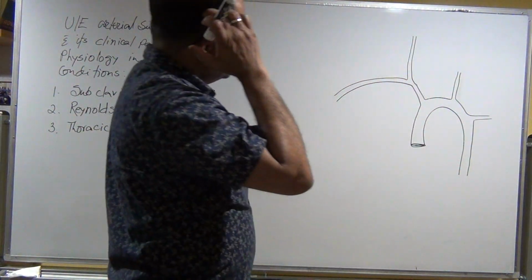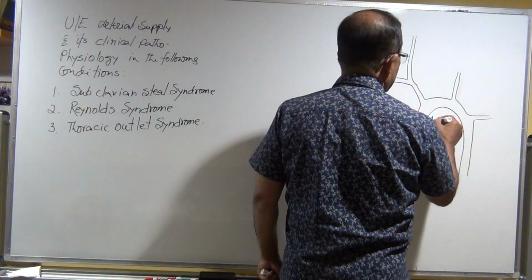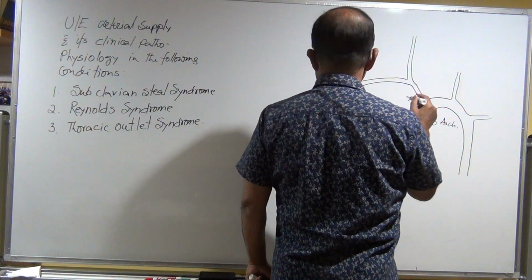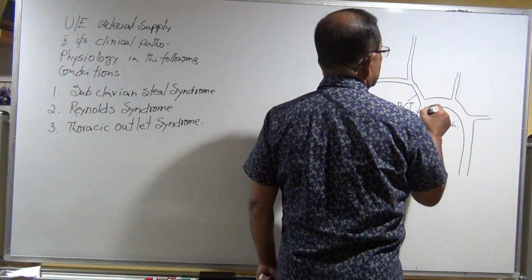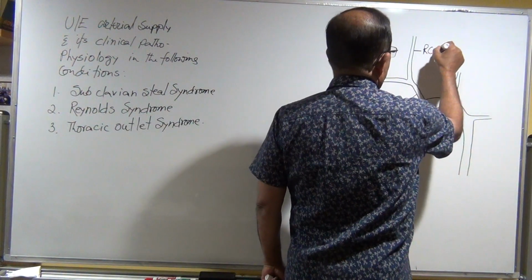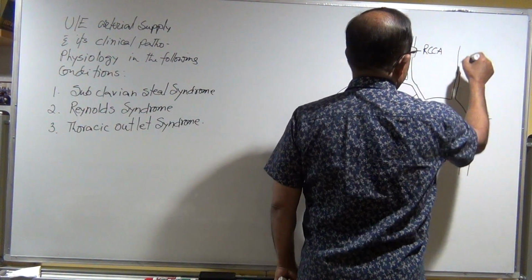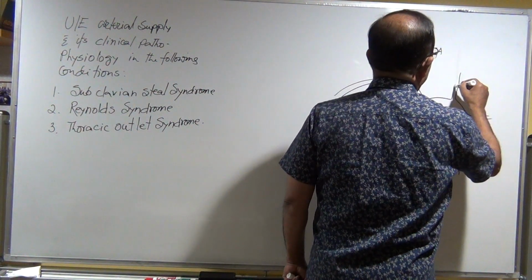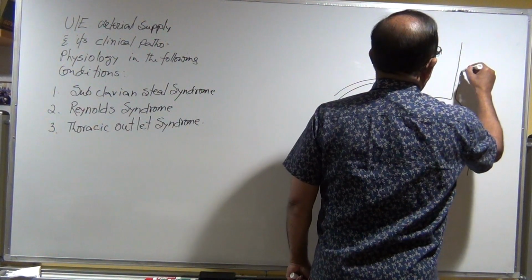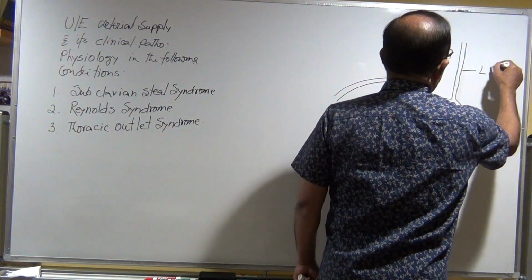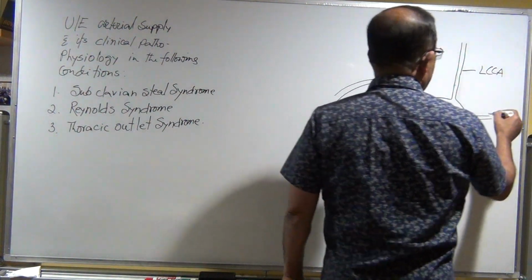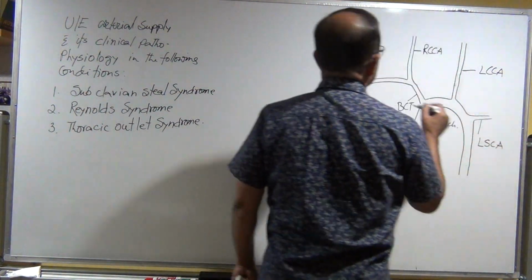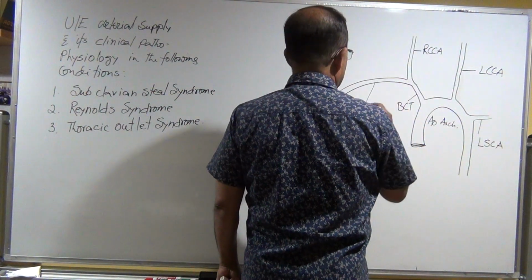okay, so this is the aortic arch, this is the brachiocephalic trunk, this is the right common carotid artery, this is the left common carotid artery, and this is the left subclavian artery, this is the right subclavian artery.